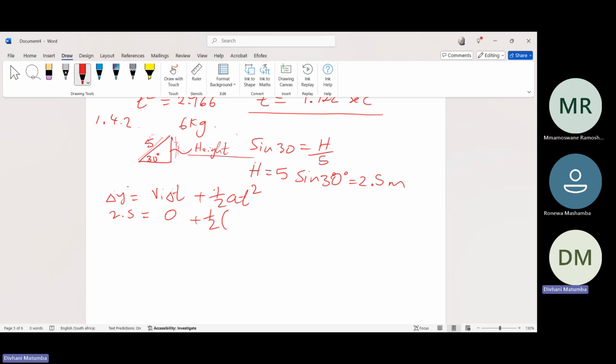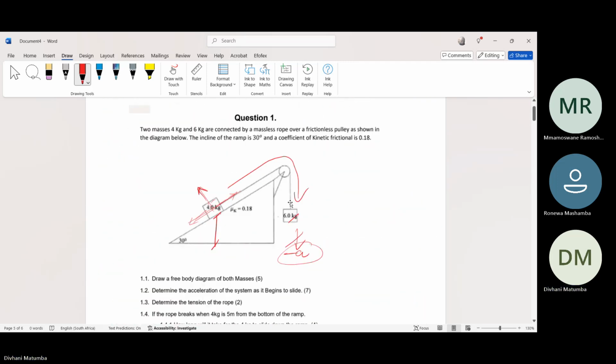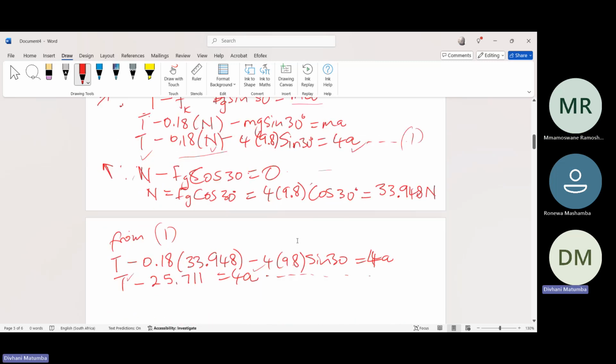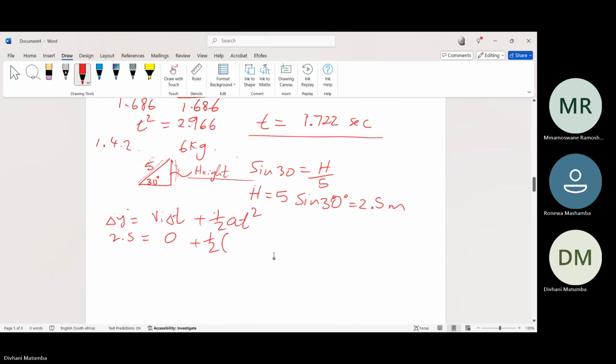Do you agree that after snapping, the 6 kg block will be in free fall? Do you agree? Yes, sir. So if an object is in free fall, what is the acceleration? I don't know.